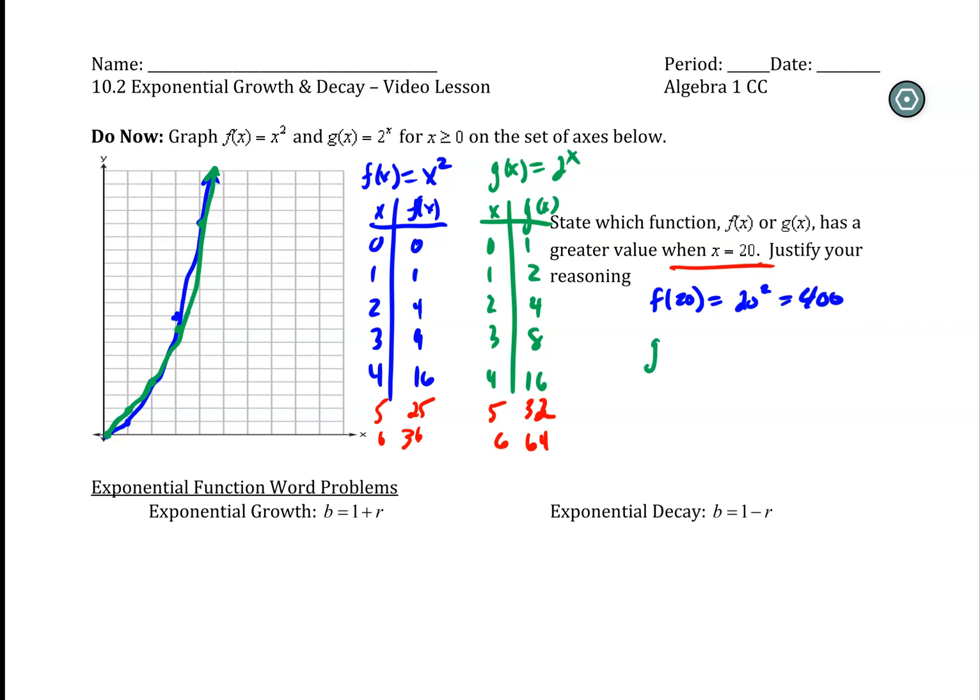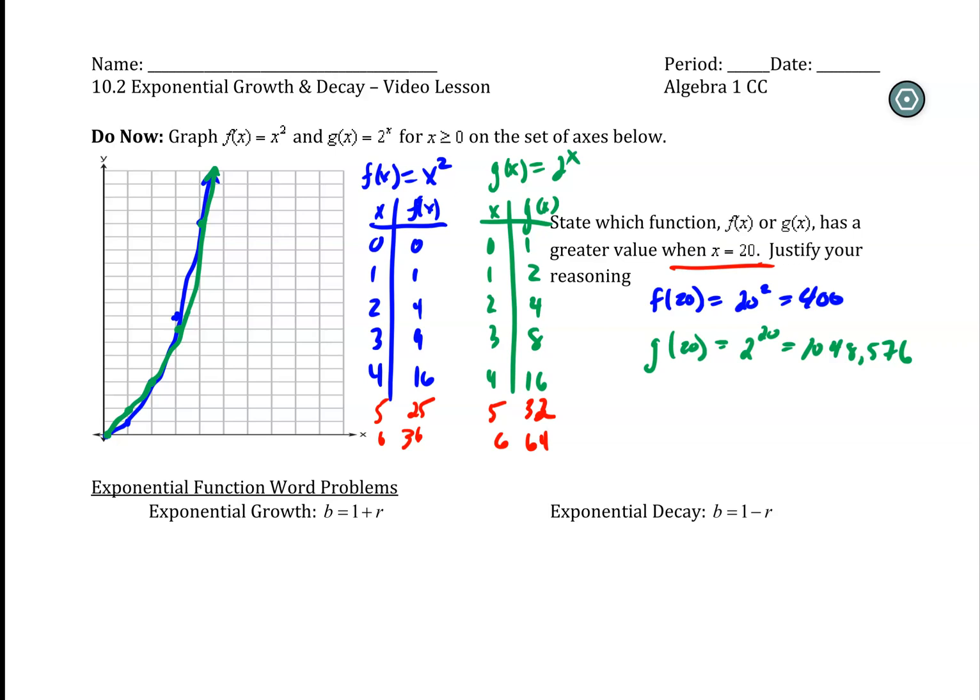If I say g of 20, that's 2 to the 20th power. That means that's 2 multiplied 20 times, a very largely growing number. I got 1,048,576. So you can see how with more time the exponential function grows significantly more rapidly as we go.